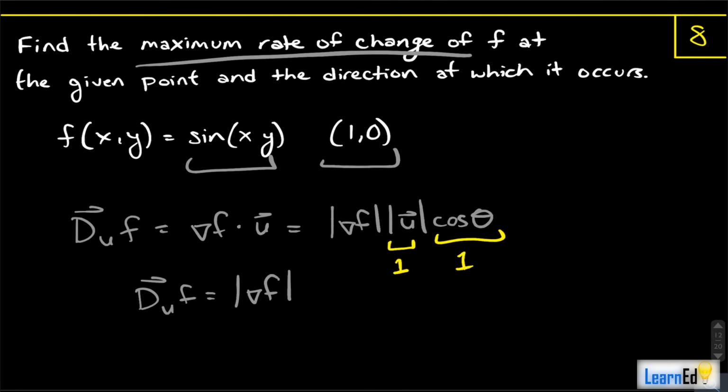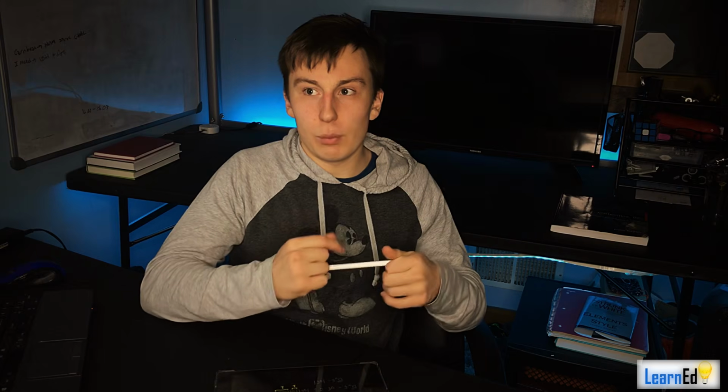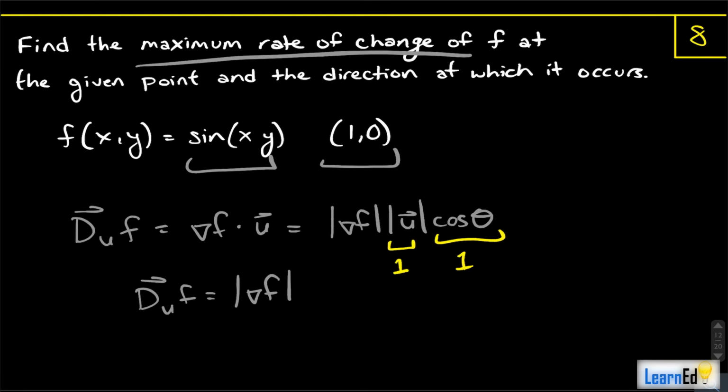Okay, that's just finding the gradient vector. Now you may be asked to find the directional derivative, in which case, maybe they give you a direction, you find a unit vector for it, and you use the exact formula that I just showed you here. So the only other thing you could be asked to do is find this directional derivative.